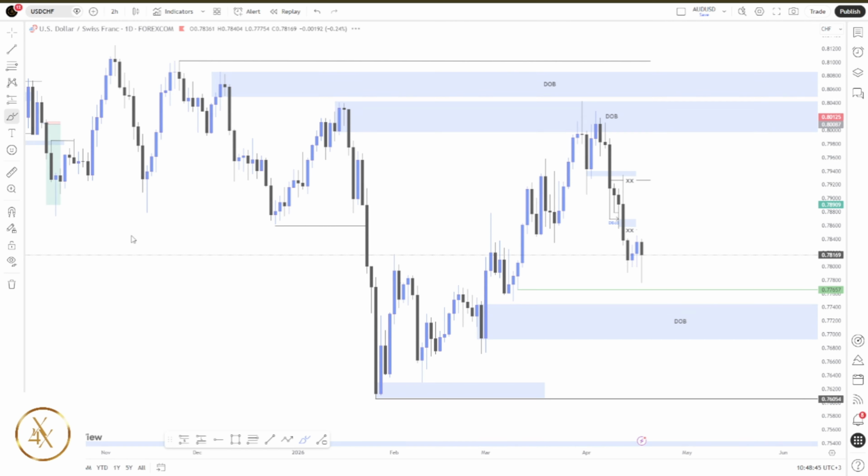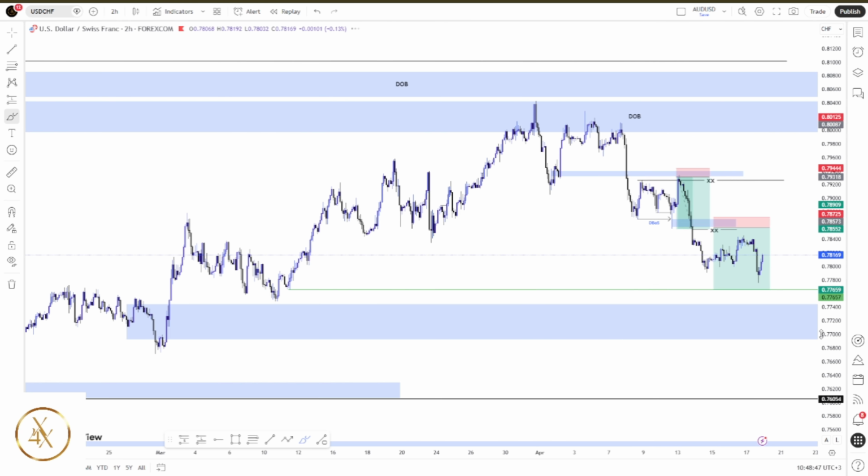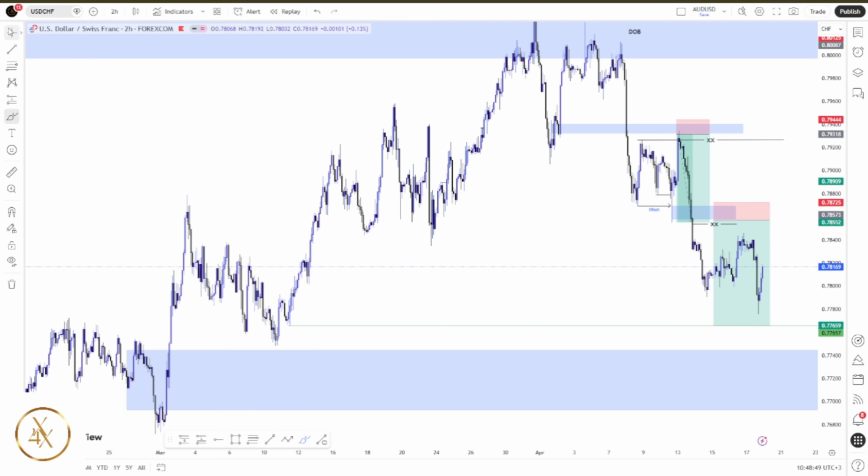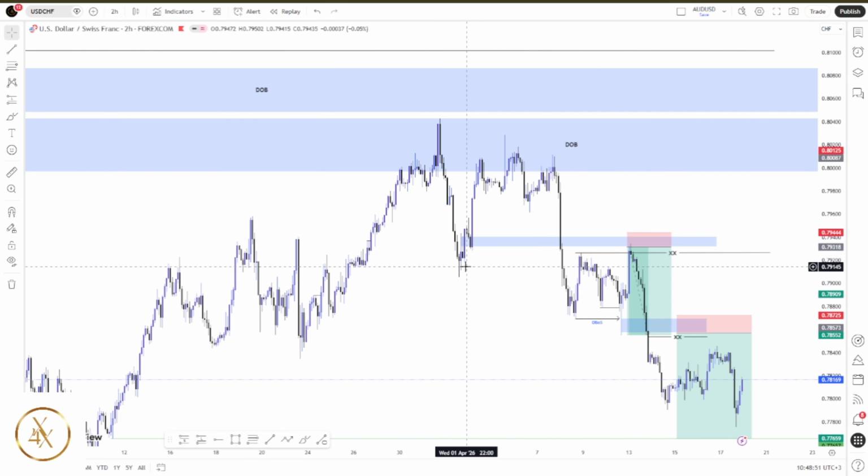So well and good, you know that you're on the right track. On the 2 hour, because this is where it started making sense, you can see the shift on the daily that happened was from this, and this was another low it made, which is a lower high.